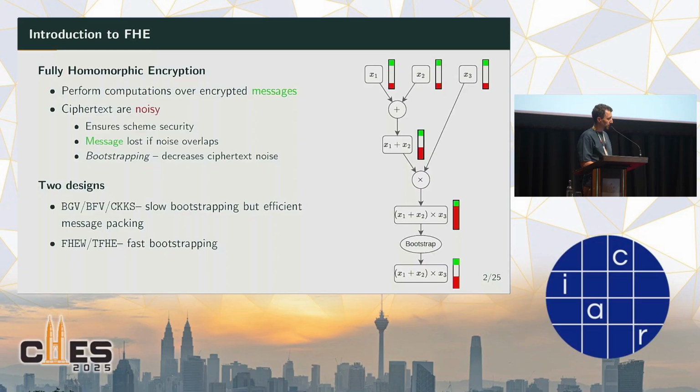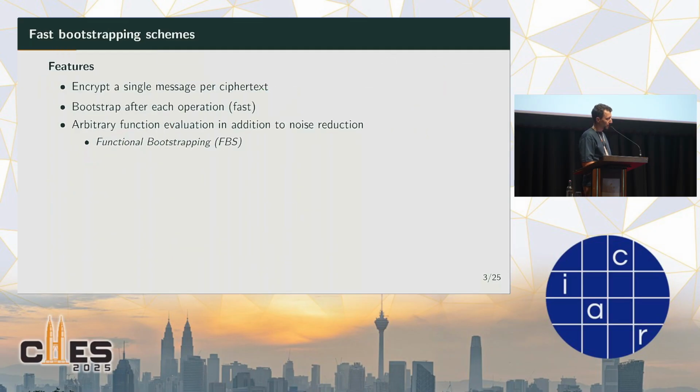And the second flavor is FHEW or TFHE, a homomorphic encryption scheme where bootstrapping is fast, but you can only encrypt a single message per ciphertext, and you bootstrap after each operation. So you bootstrap as often as you can.